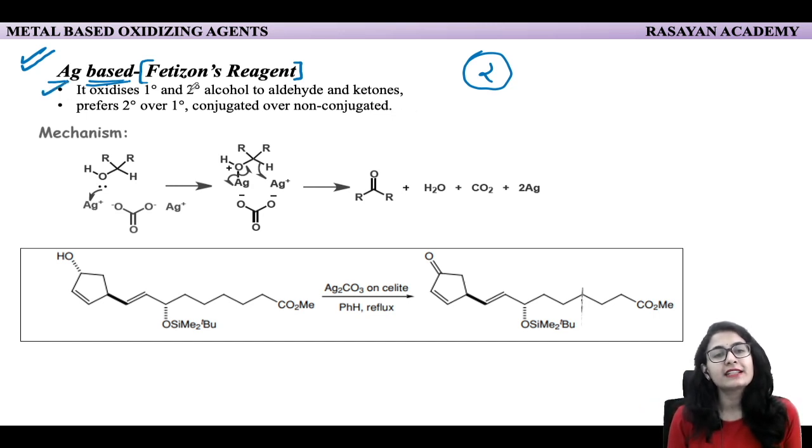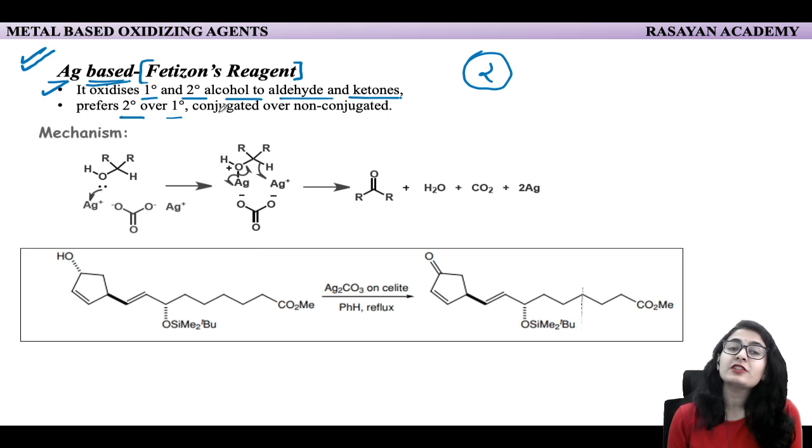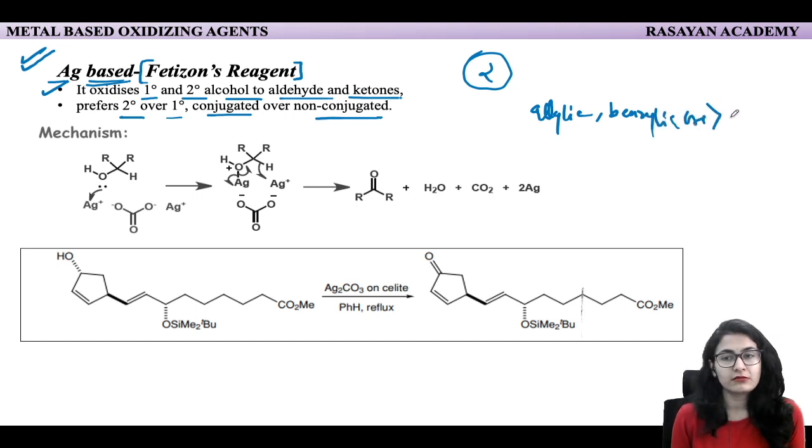It oxidizes 1 degree and 2 degree alcohol to aldehyde and ketone, and prefers 2 degree oxidation over 1 degree, prefers conjugated over non-conjugated. तो ये same है just like MnO2, that it is going to prefer the allylic and benzylic OH groups over the non-conjugated ones, and also it's going to prefer 2 degree over 1 degree alcohol.